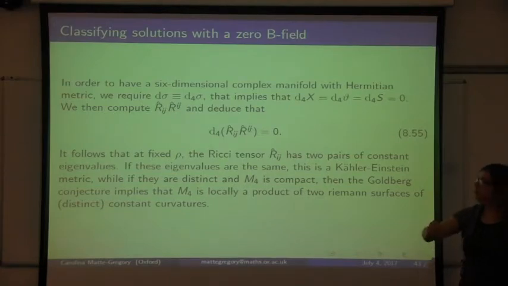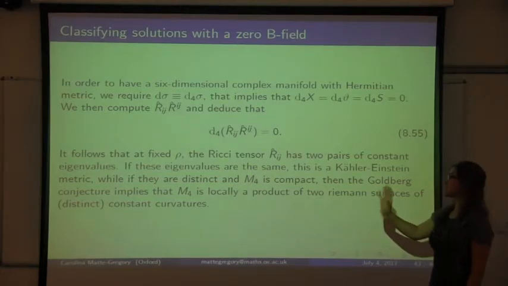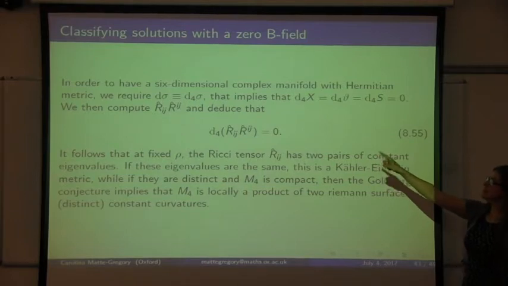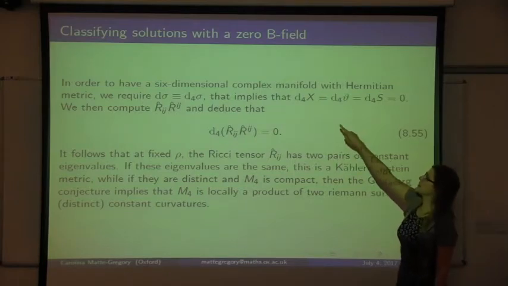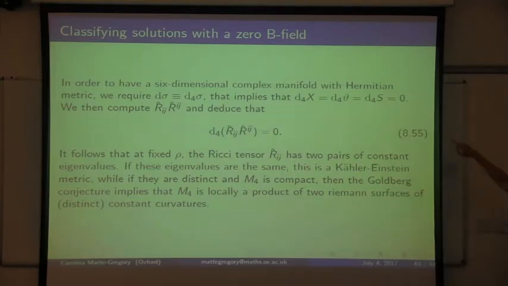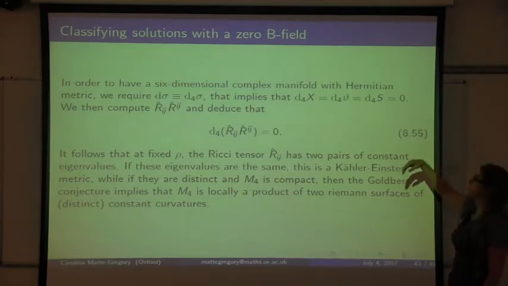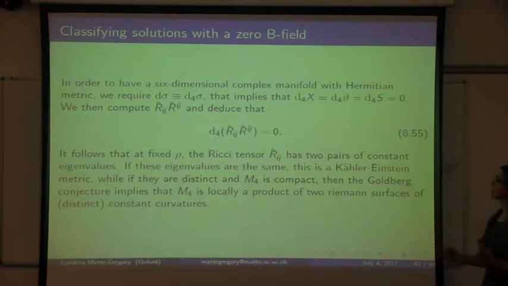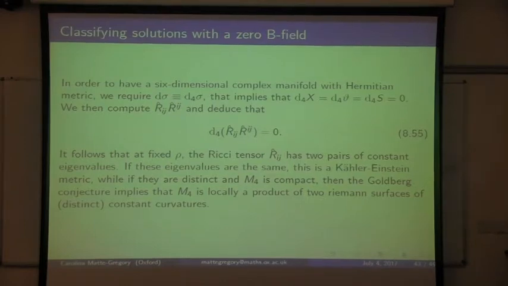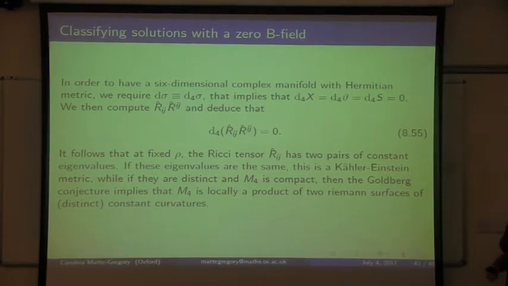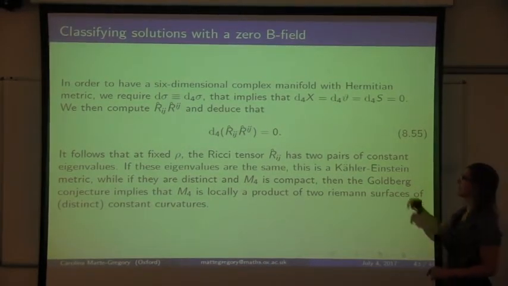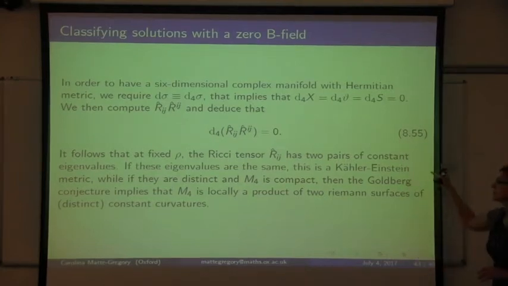But this just implies that it has no derivatives in the rho direction, the radial direction. That implies that S and theta, which follow the SU(2) structure, and my field X have no dependence on those extra directions. So they don't depend on the phi direction, but the psi direction, that's the K1 direction. So they can only depend on this.